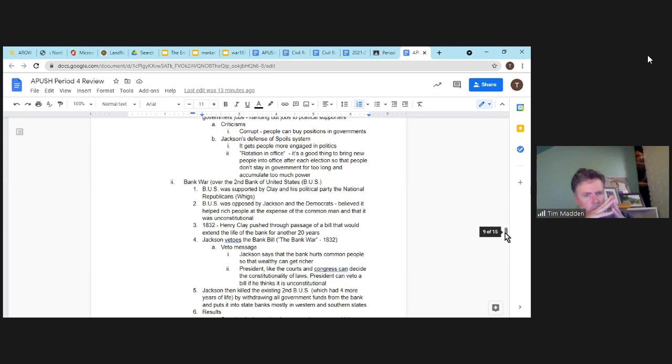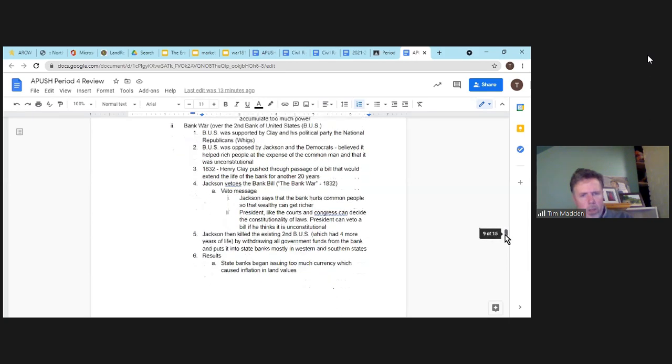Jackson, of course, vetoes that bill to recharter the bank, claims that it hurts the common man, okay, and enriches the wealthy, and also argues that it's unconstitutional. And then he proceeds to destroy the existing bank by withdrawing government funds from it.